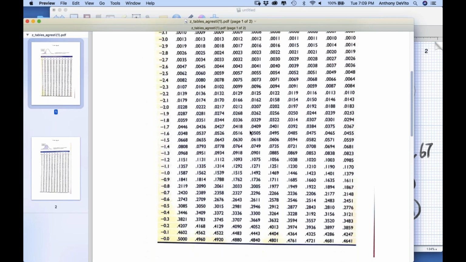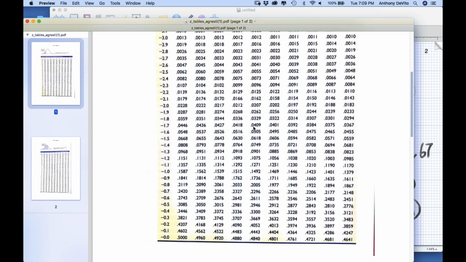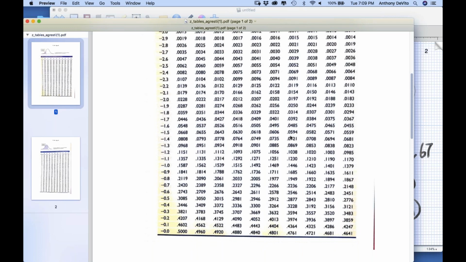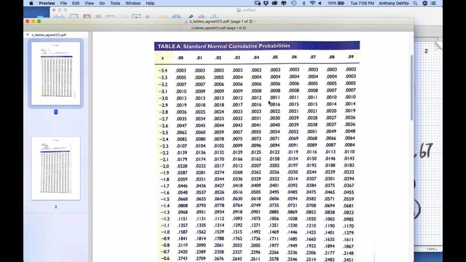It looks like it's right around here, between these two numbers. I'll pick this one. So that's negative 1.64. Okay, 1.64 would be the z-score.